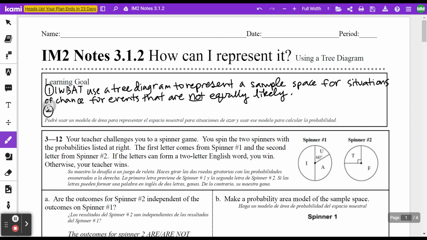Number two, I will be able to use tree diagrams to calculate probabilities.